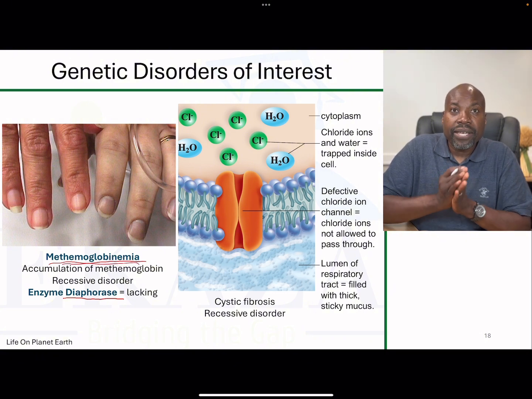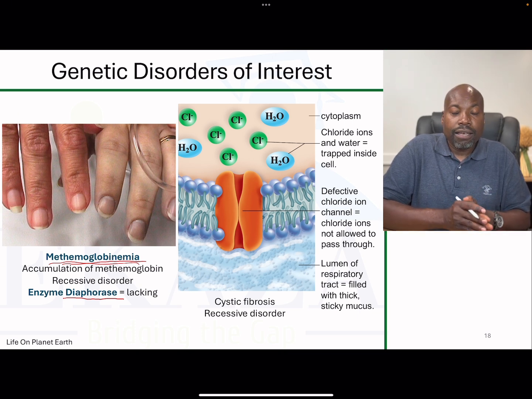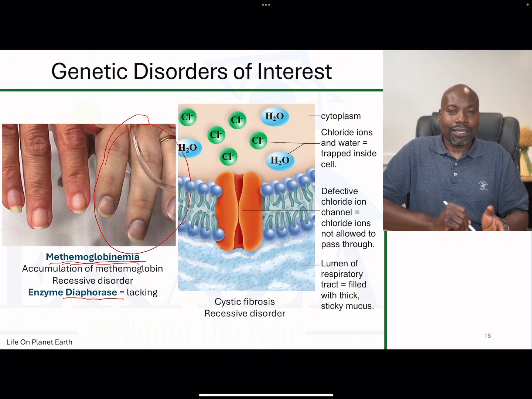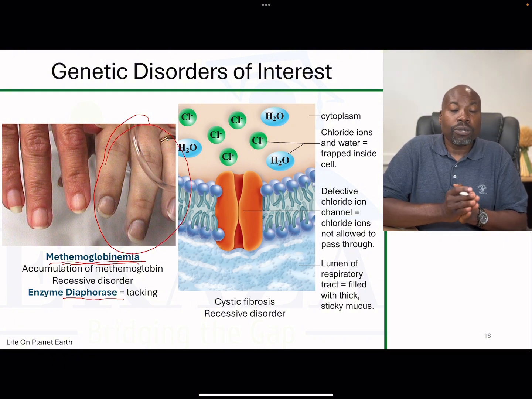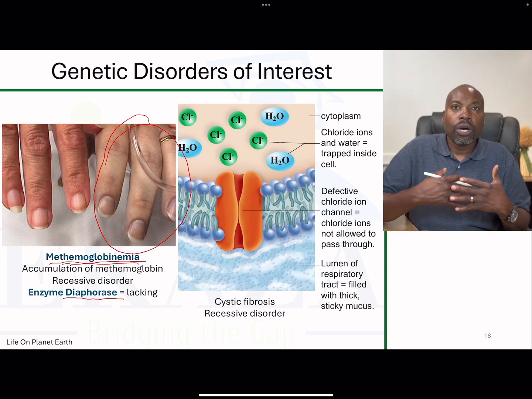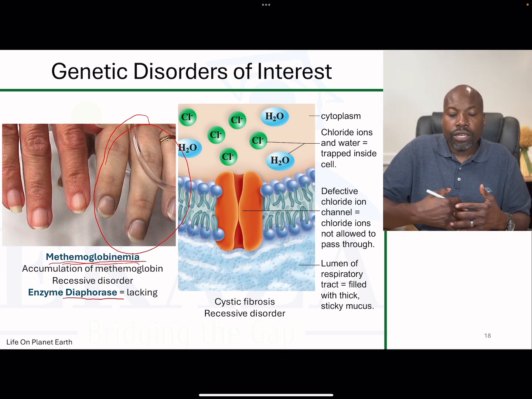That diaphorase is technically responsible for converting the abnormal hemoglobin to normal hemoglobin. Without that enzyme, the hemoglobin is not normal, so the individual is going to be bluish like this, okay? And this can lead to a situation of hypoxia, low oxygen, which can be a major problem.